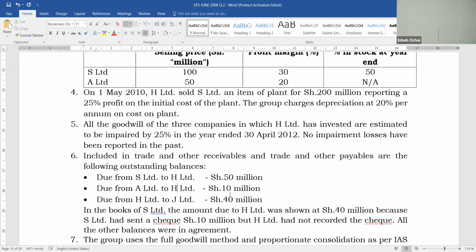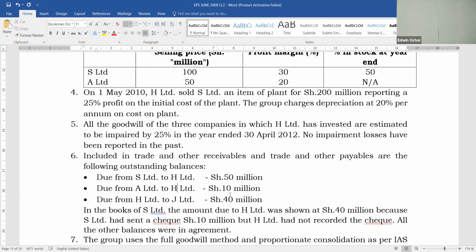So what are we supposed to do? If there is an outstanding amount which was never settled by the end of the year, but only between the parent and the subsidiaries, that amount is obviously cancelled out. If between the parent and the subsidiary there's something which has not been settled, concerning, for example, a debt, that amount is supposed to be cancelled out.